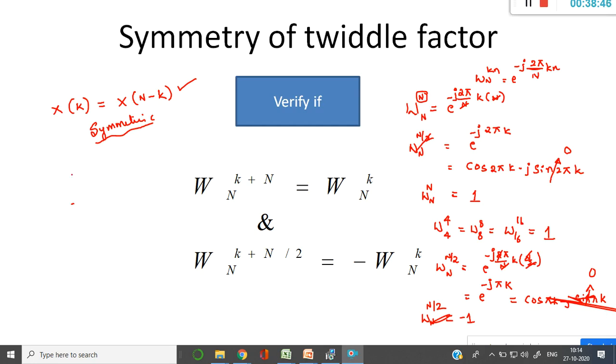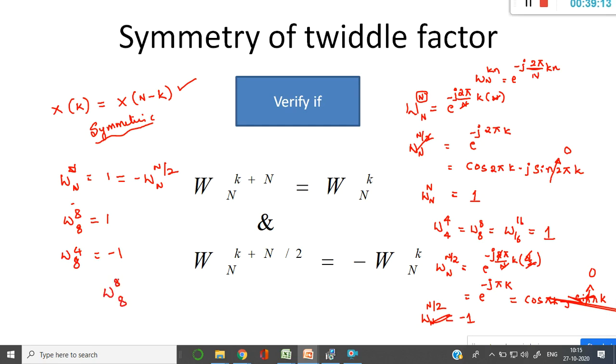Okay. Now Wn to the power of n is equal to 1, and can I write this as nothing but minus Wn to the power of n by 2? So which means that W8 to the power of 8 is equal to 1, and W8 to the power of 4 is equal to minus 1. Right?